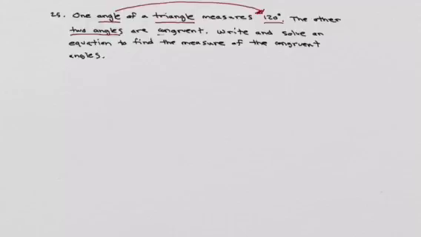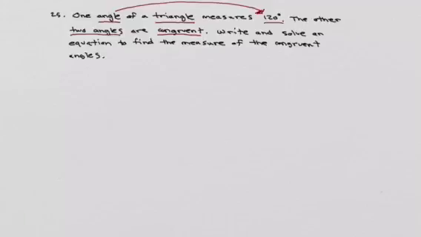Now, it's important that you make sure you understand what those words mean. Hopefully we're comfortable with what an angle of a triangle is. But that word congruent may or may not be familiar to you. Congruent basically means that their measures are equal. So when two things are congruent, their measures are equal.